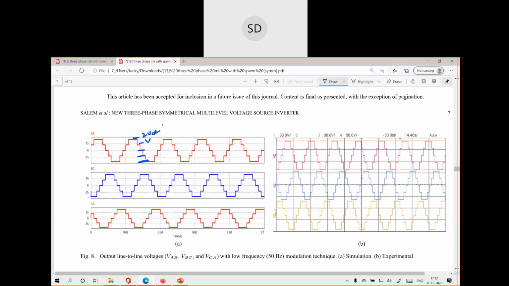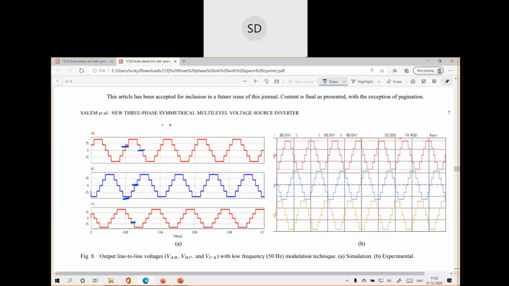For example, if this voltage is minus 2 VDC, at the same time you may have 0 value in the BC line voltage. It is better to see at this point. What is the voltage here? Minus VDC. At the same time, here you have minus 2 VDC.